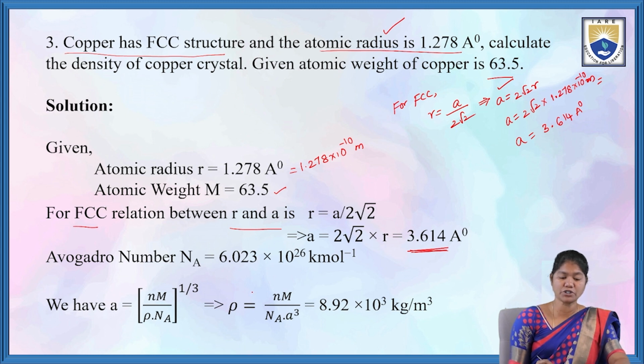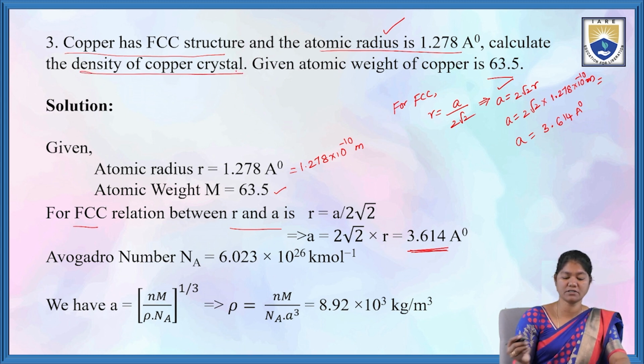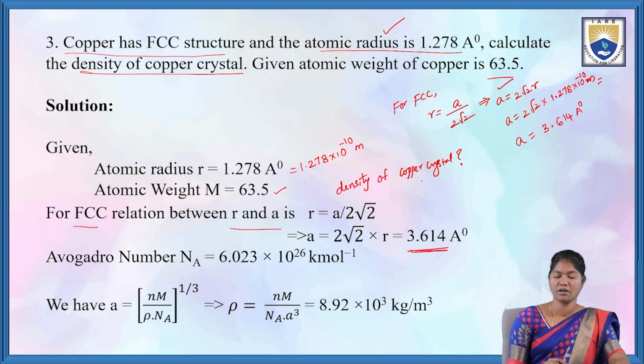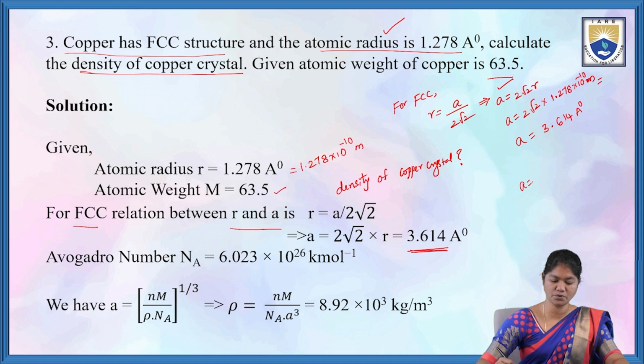We need to find the density of copper crystal, so we use the formula A is equal to (nM by rho Na) whole power 1 by 3.